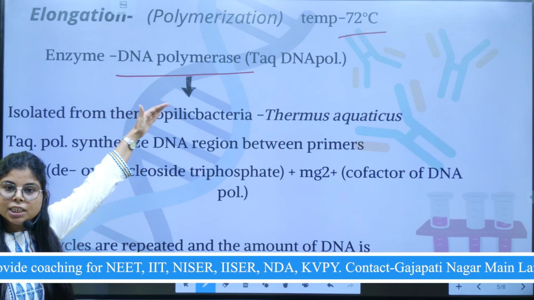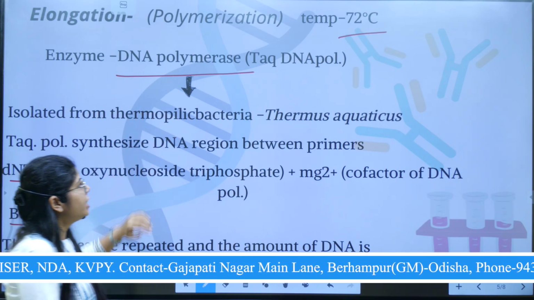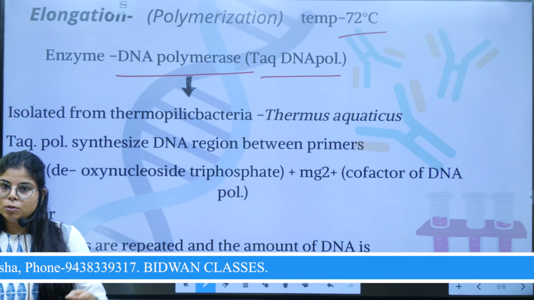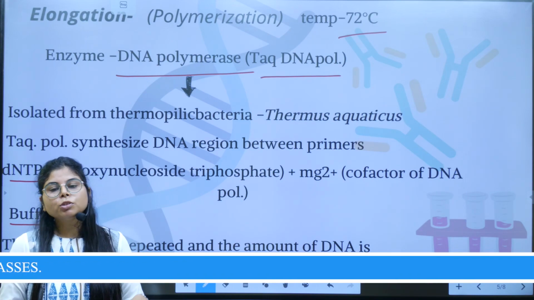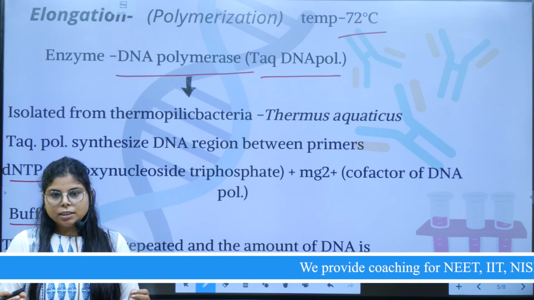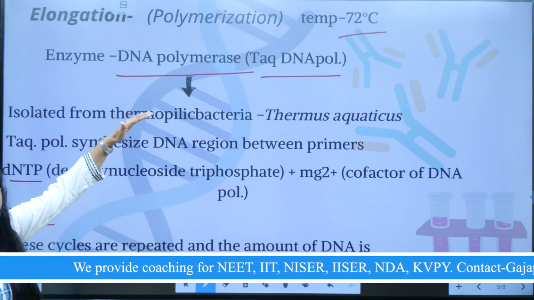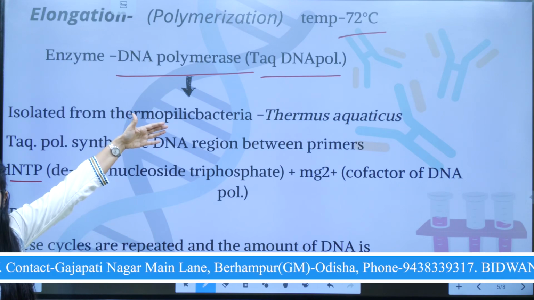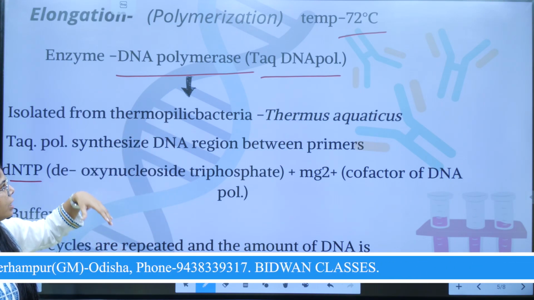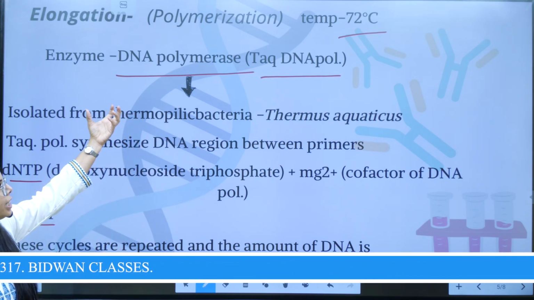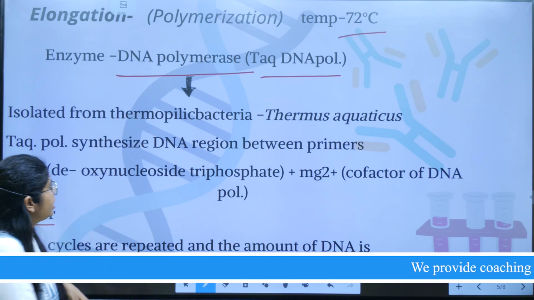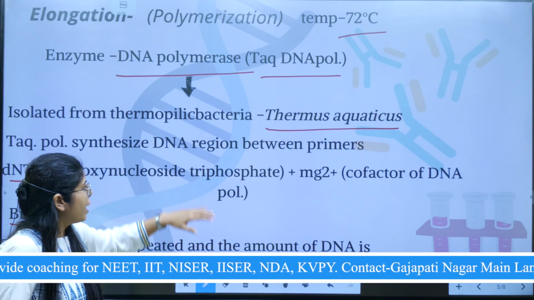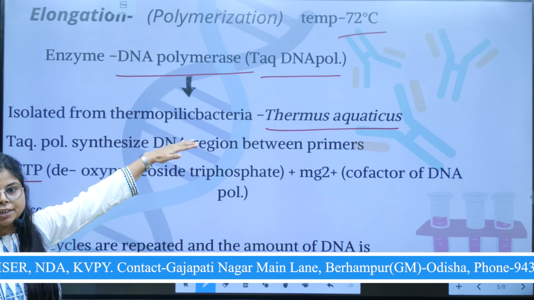Now the DNA polymerase which is provided here is basically the Taq DNA polymerase. What we know is that the temperature in our body is usually less than 72 degrees Celsius, and that DNA polymerase cannot act at this high temperature; it will degrade. So we have isolated a DNA polymerase from a bacterium known as Thermus aquaticus. This is a thermophilic bacterium.